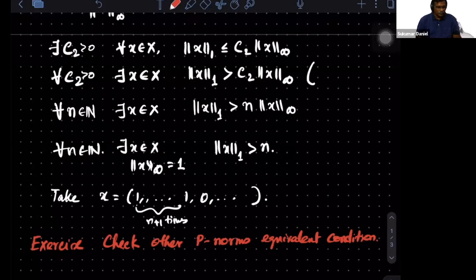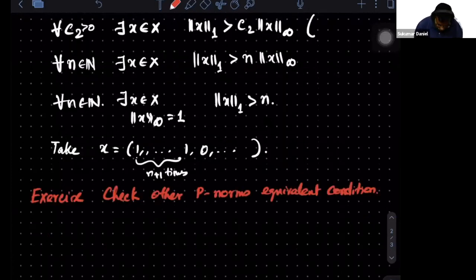Right, so some of you are getting it. For each of these n, you are producing an x. If you can produce this x in the subspace Y itself, it's there in the bigger space also to violate this. So in C0 itself, if you can show that these p norms are not equivalent, then you can very well think that on L1, if you consider one norm and two norm, they cannot be equivalent, because on a smaller space itself, it is not equivalent.